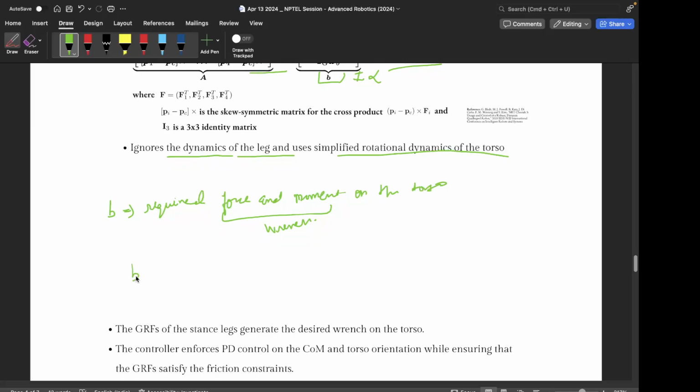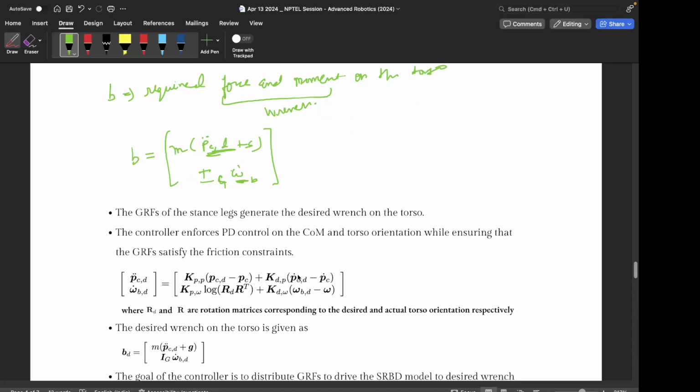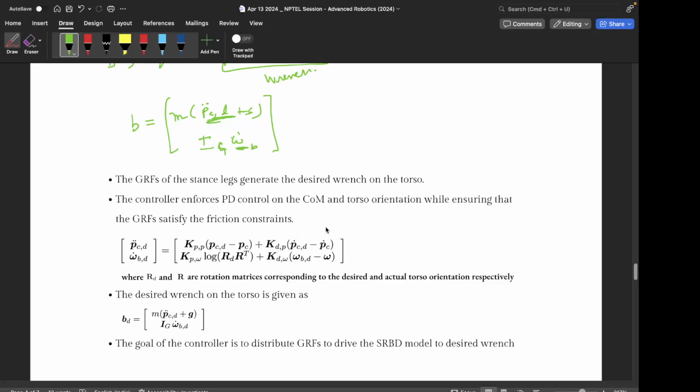Now B is equal to the desired acceleration of the center of mass plus gravity, and I alpha. The way we choose these two terms is also interesting. We have to track the reference motion of the torso, so we will be specifying certain position, velocity, orientation and angular velocity for the torso, and we need to track that.